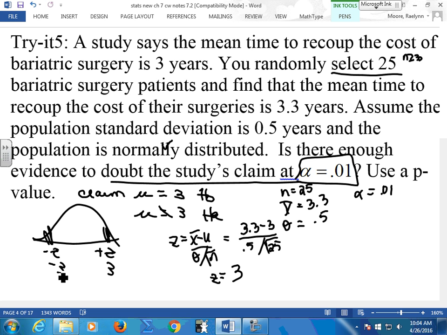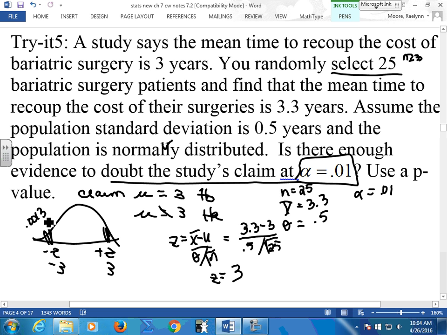Area should be 4 decimals. 0.0013. Did everybody get 0.0013?